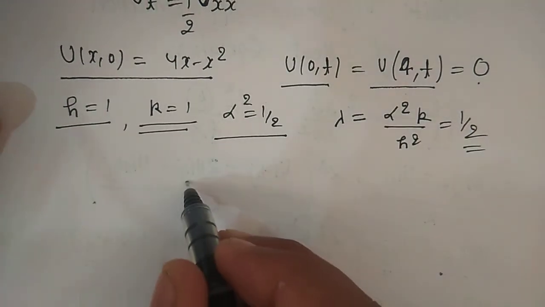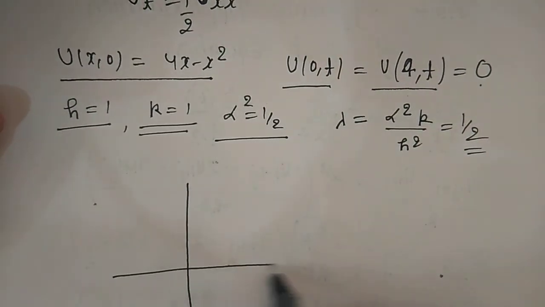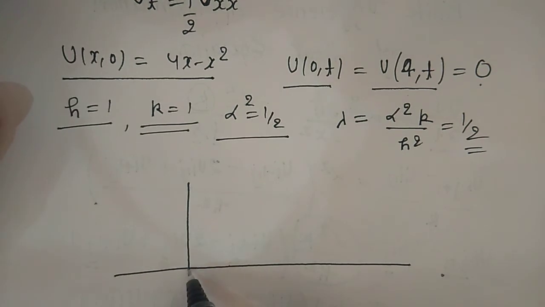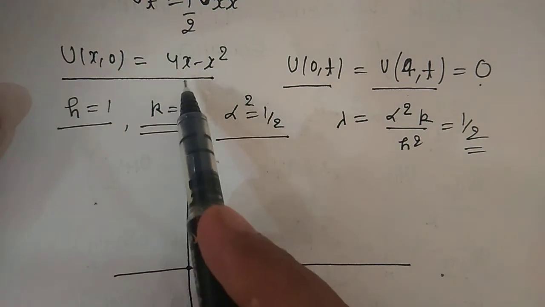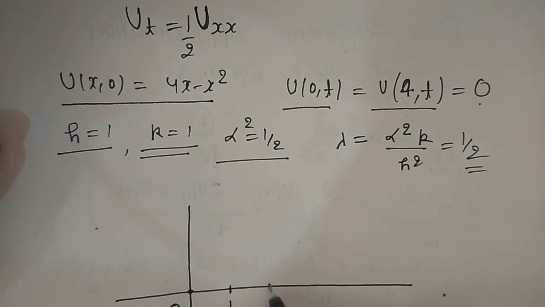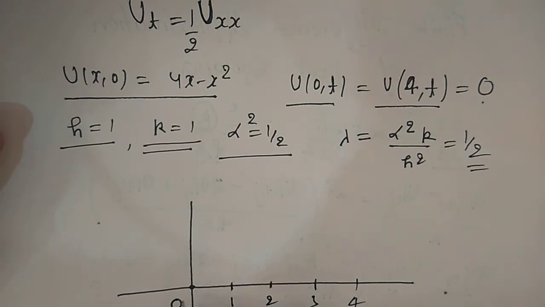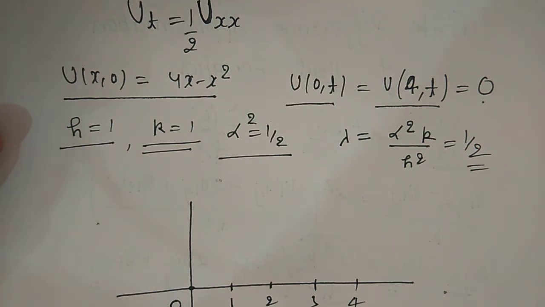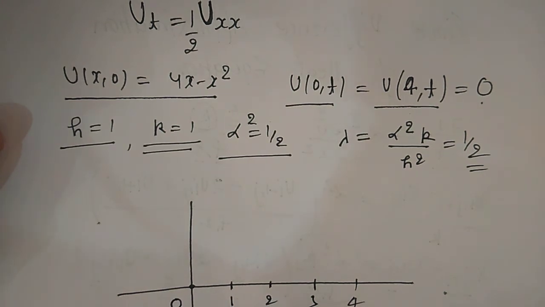Let us try to understand the domain first. At x equal to 0, u(0,0) is 4 into 0 minus 0, so we have 0 value. At 1, this is point 1, this is point 2, this is point 3, this is point 4. For x equal to 1, u is 4 minus 1, so u value is 3.